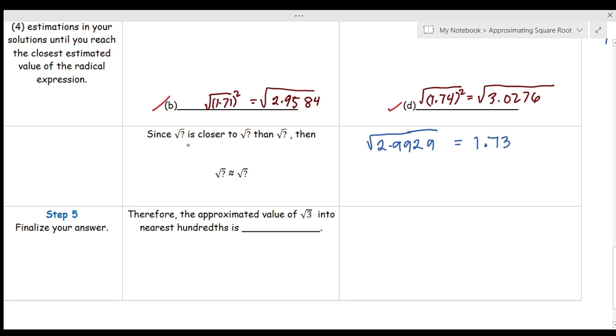So therefore, we need to write the result in this part. So meaning to say, isulat na natin po siya dito. So since 2.9929 is closer to the square root of 3 than the square root of 3.0276, ano yung kukunin natin? Siyempre, eto.